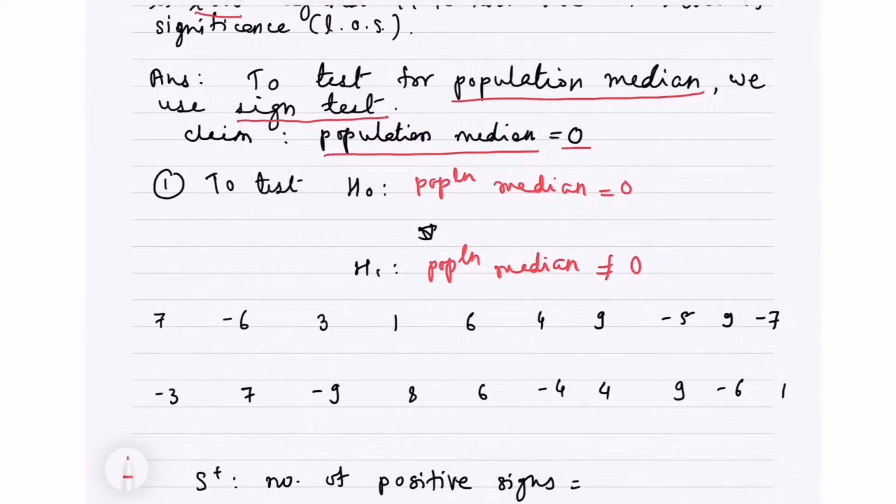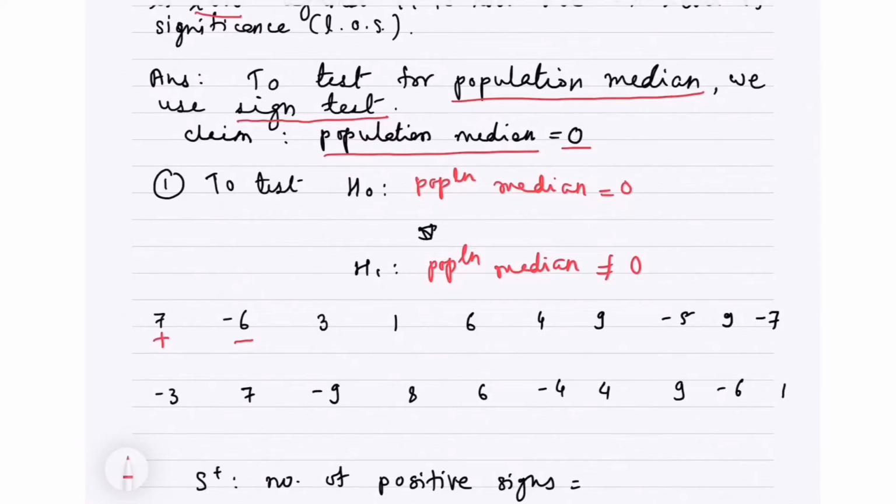signs to each number. The way to give the signs is, if the given number is greater than the population median 0, we give a positive sign, and if the number is less than the median, we give the negative sign. Hence, 7 has a plus sign, -6 has a negative sign.